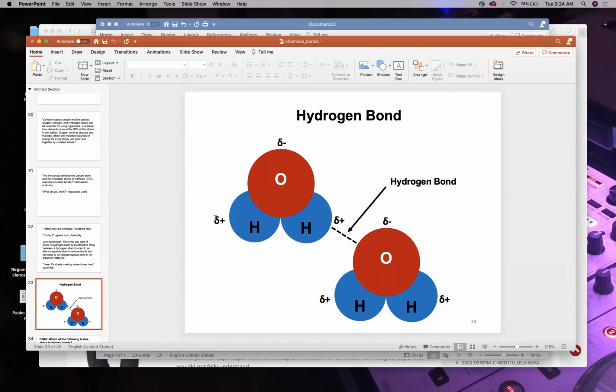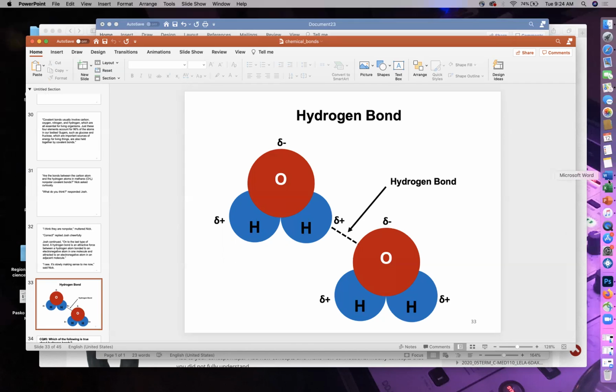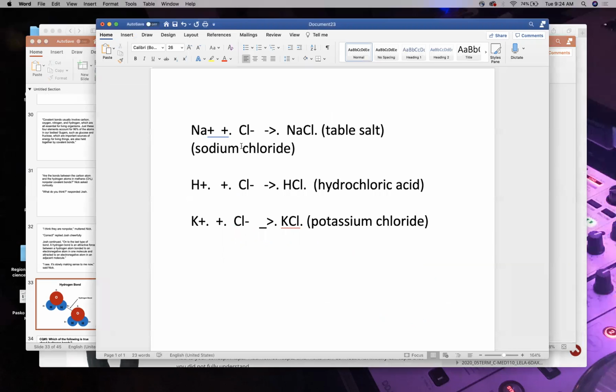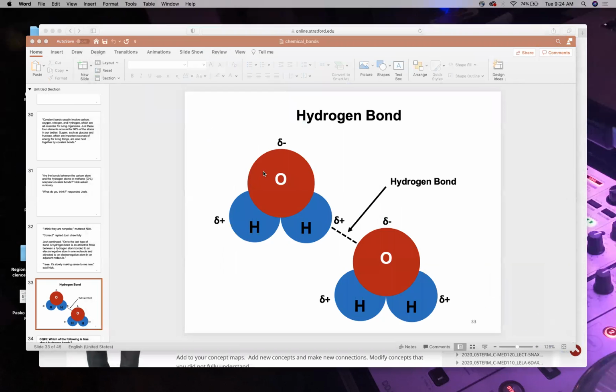And the neat thing about water is since it has a partial positive and partial negative charge, it can pull ionic bonds apart. So for example, I have sodium chloride. Sodium is positive, chloride is negative, right? Table salt is solid, but if I throw it in water, what will happen?